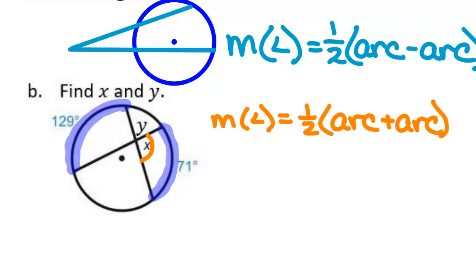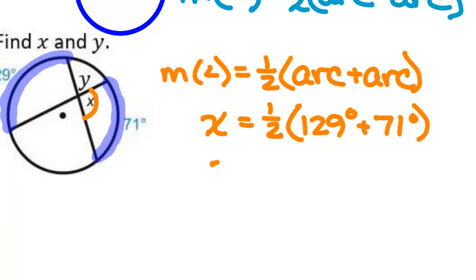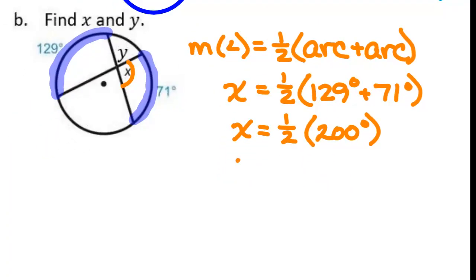The first angle that we're looking for is X. So X equals 1/2 times 129 degrees plus 71 degrees. What do we get when we add 129 and 71 together? 200. And then what is half of 200? 100. So X is 100 degrees.